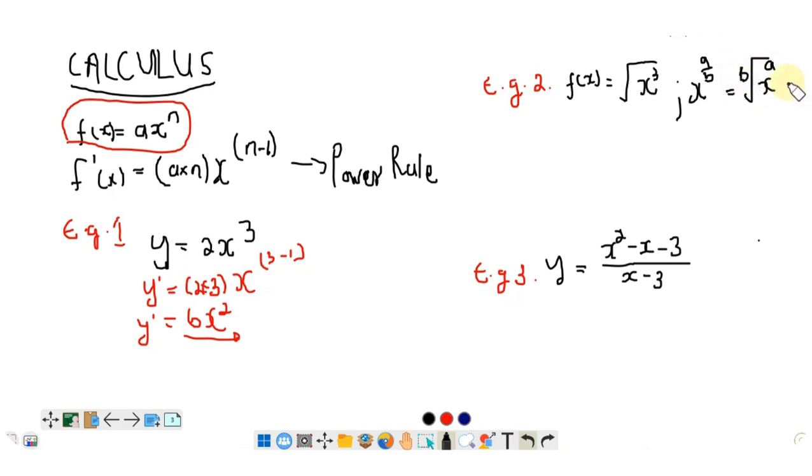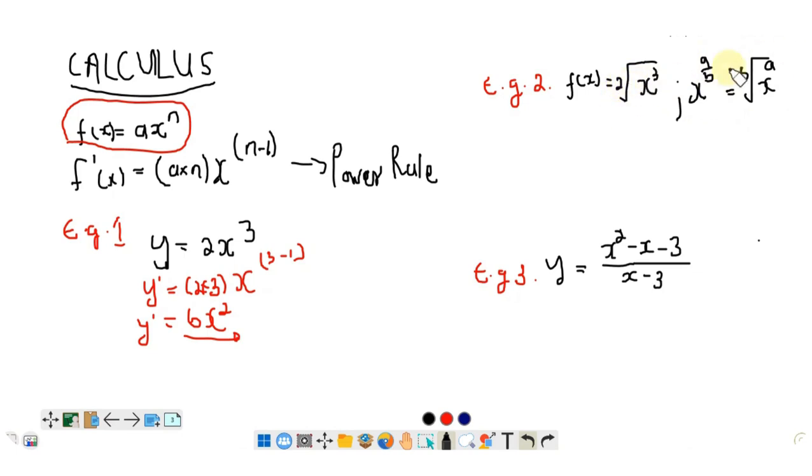So when you have a root b outside x to the power a, you can write this as x to the power a over b. And we know a square root means 2, right? So there's a 2 here. We just don't write it normally because the term square root already tells us that it's a 2. It is given in this form, and I'm going to convert it into this form.